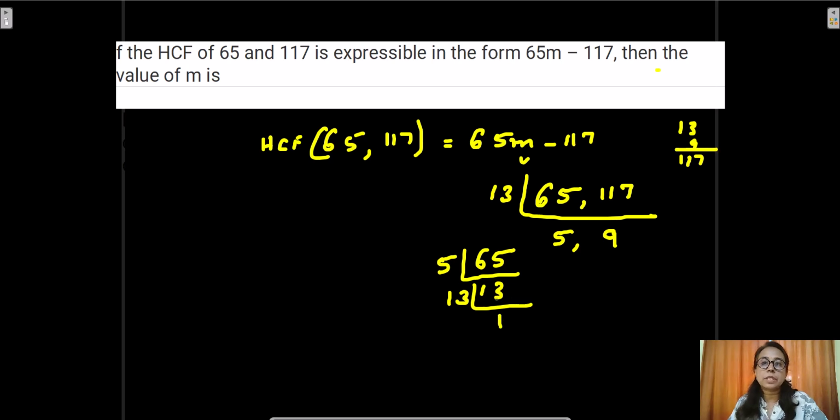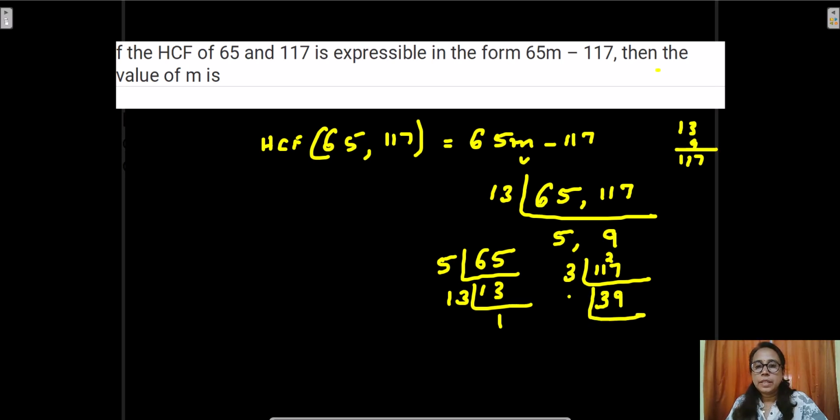Then again take 117. 7 plus 1 is 8, 8 plus 1 is 9, so it is divisible by 3. 3 goes into 117 thirty-nine times, and again 3 goes into 39, thirteen times. So this way also you can write here.